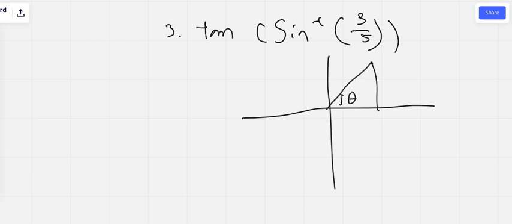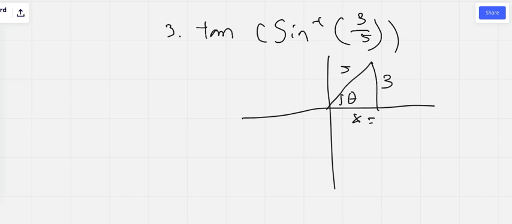Sine of theta, sine of something is equal to 3/5. Sine we know is opposite over hypotenuse, which is 3/5, and then x. And what is x?